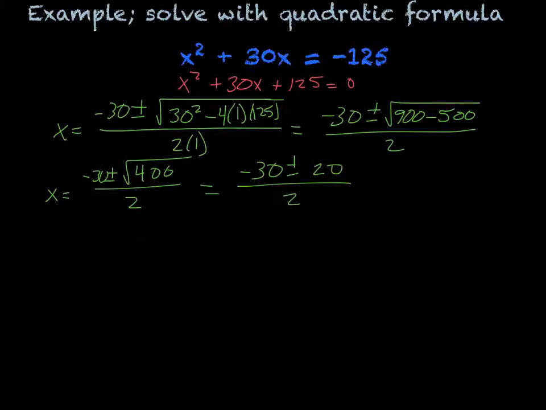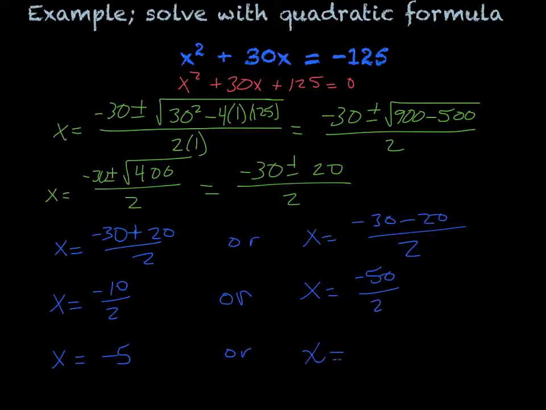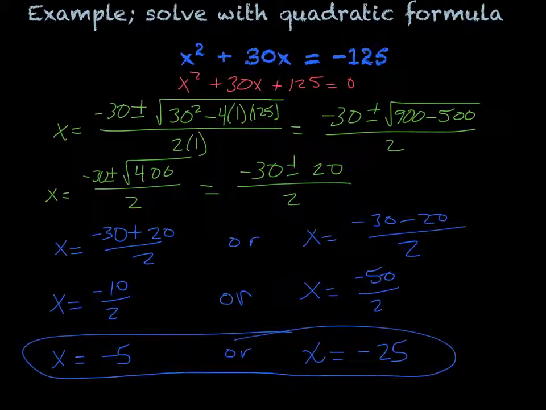And then I can split it up into x equals negative 30 plus 20 over 2, or x equals negative 30 minus 20 over 2. So x equals negative 10 over 2, which is negative 5, or x equals negative 50 over 2, which is x equals negative 25. So those are your two possible answers. x is negative 5 or x is negative 25.